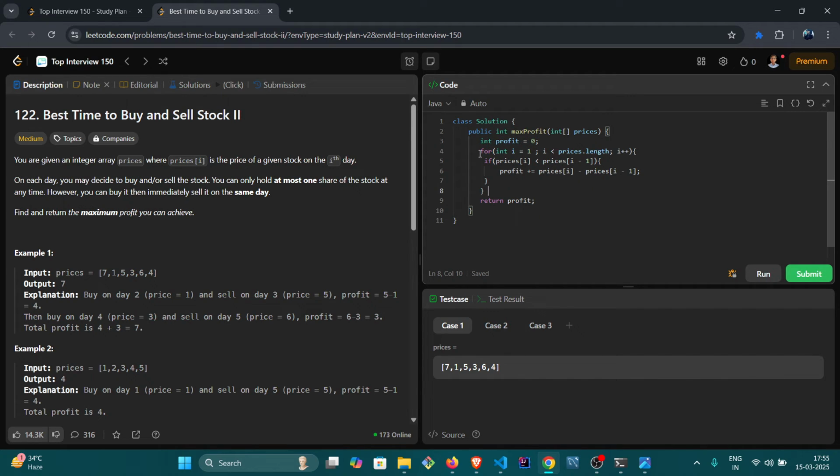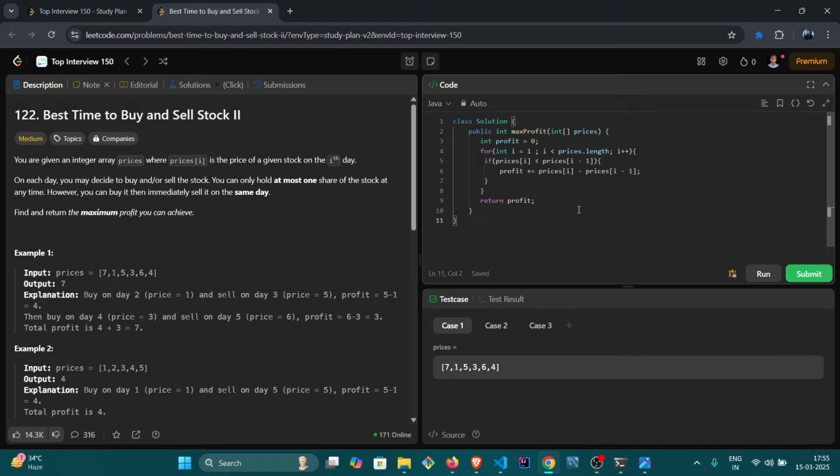Here we make a loop, and in between we check if the current price is less than the price at i minus 1, then we will store the profit. Here profit is the difference of the higher price and the lower price. Okay, so this is all about the question.